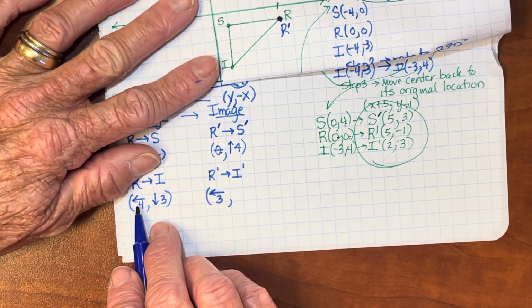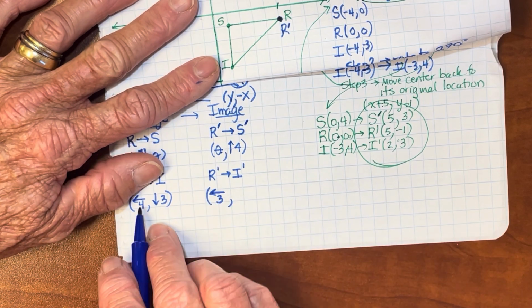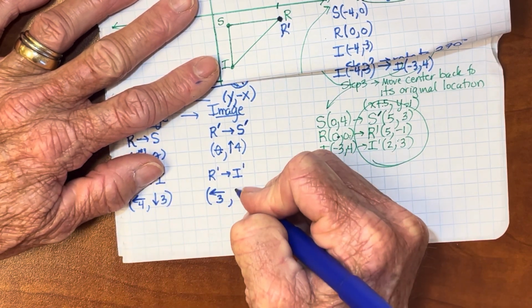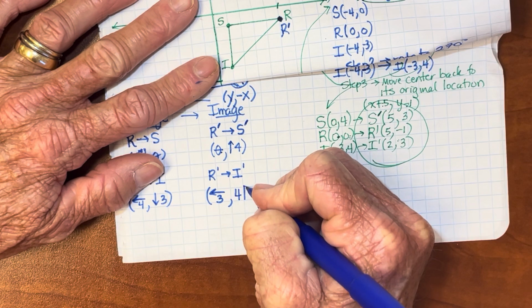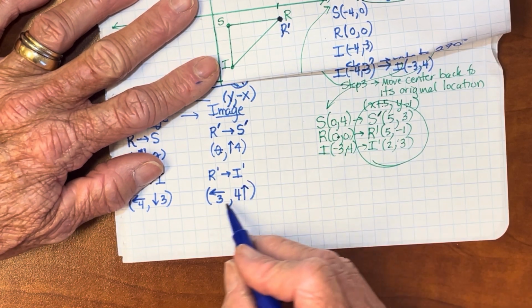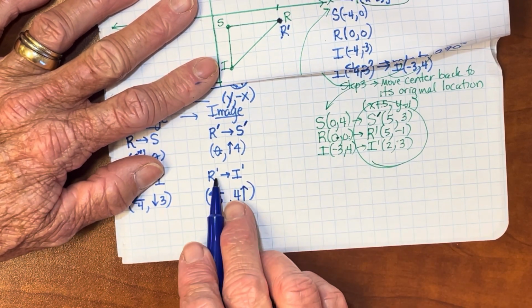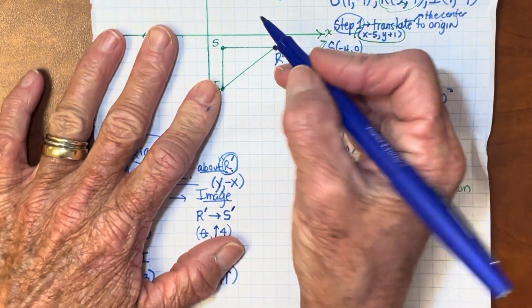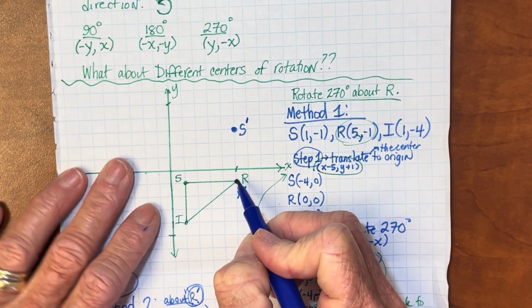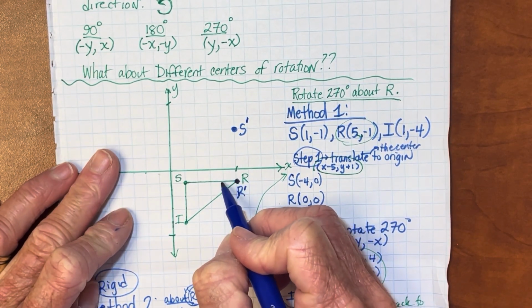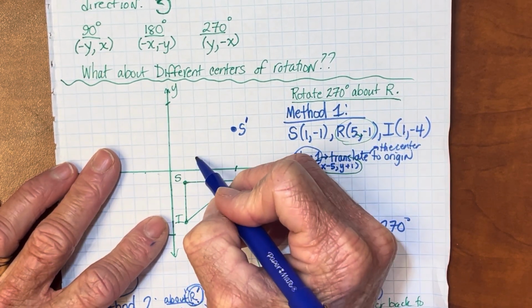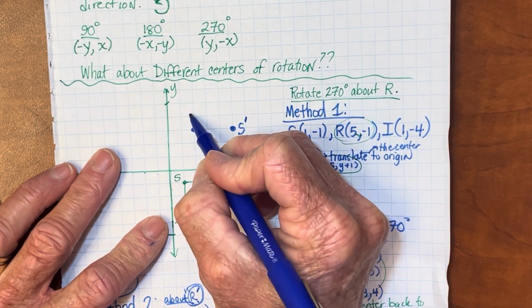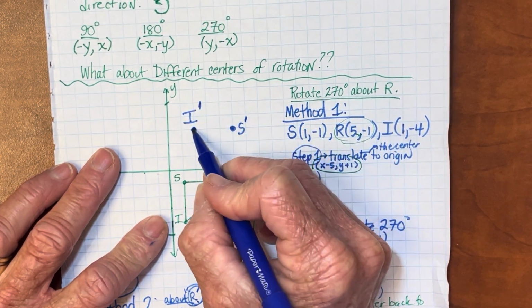So X is moving in the negative direction. So when I put it in the Y position, it needs to move in the positive direction, and that will be up 4. So if I start at R prime and go left 3 and up 4, that will put me at I prime. So starting at R prime, going left, 1, 2, 3, and up 1, 2, 3, 4. This will be the location of I prime.